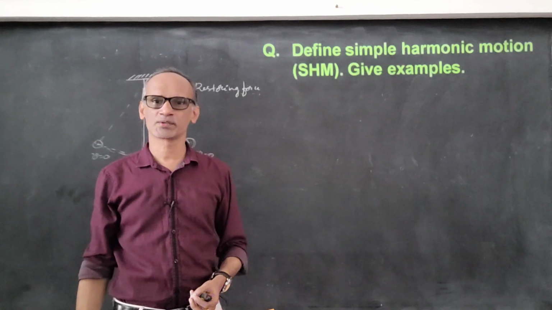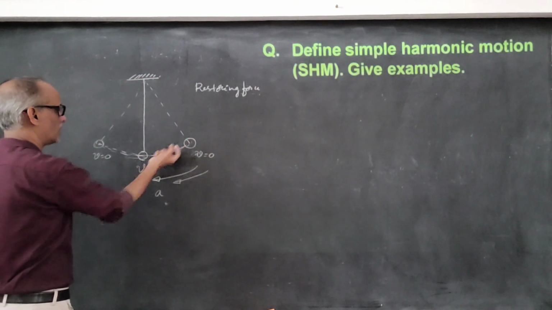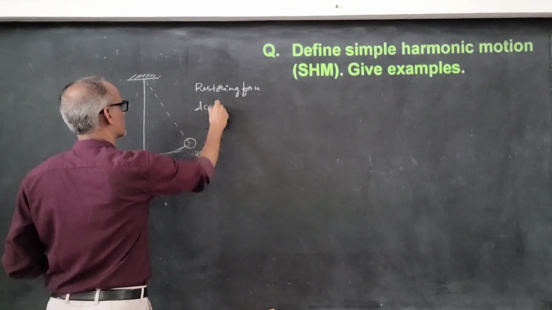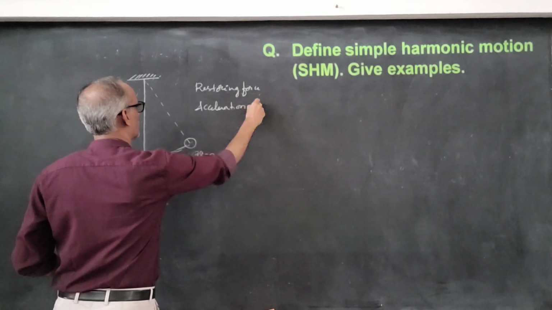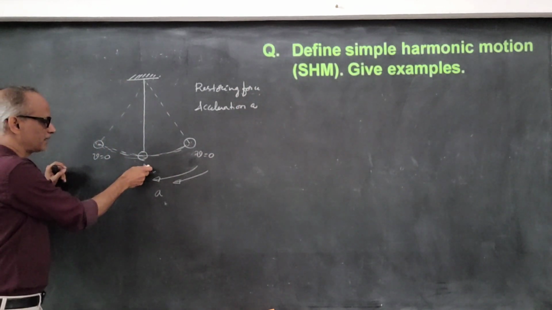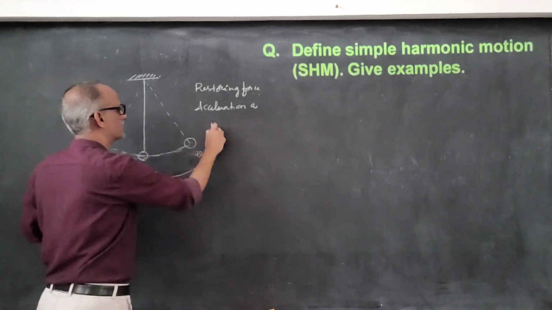So it is this restoring force which brings the pendulum back to the mean position, and because of this restoring force, there exists an acceleration, and that is a.